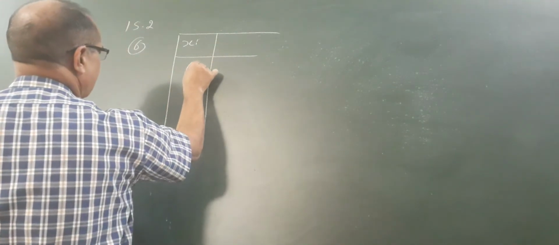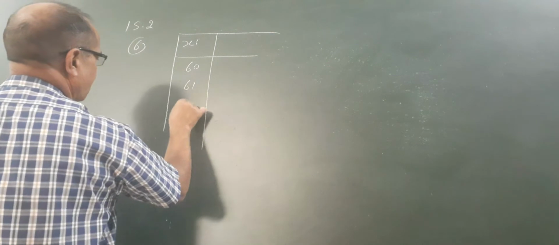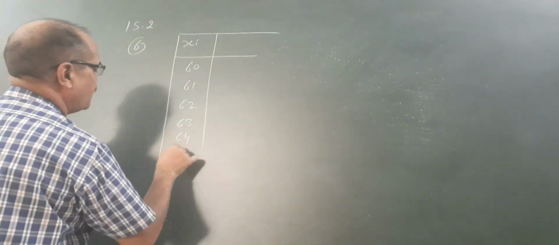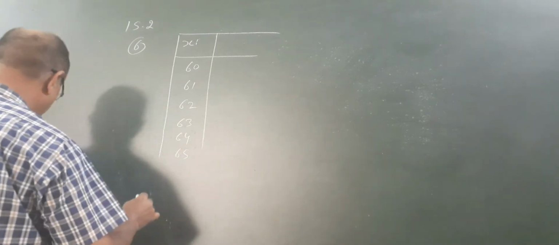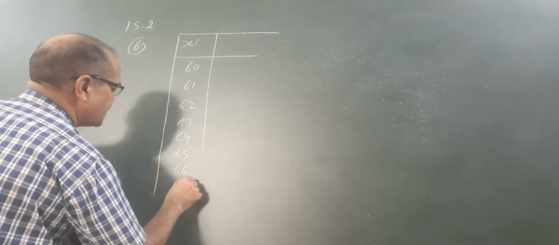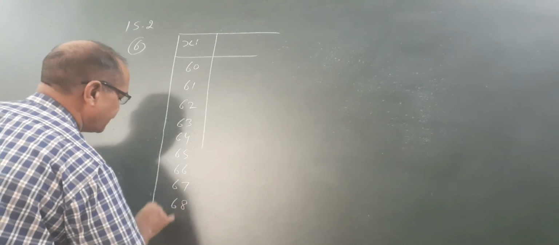xi are 60, 61, 62, 63, 64, 65, 66, 67 and 68.